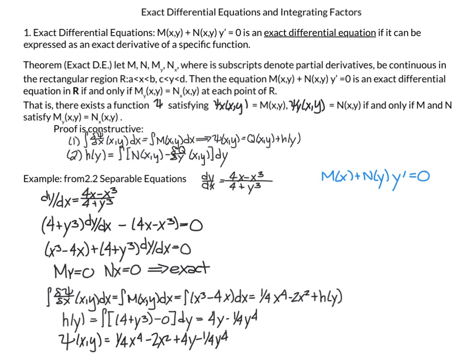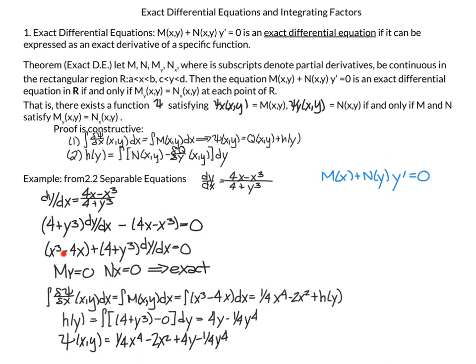But anyway, the example we had done from 2.2 separable equations was dy/dx is equal to (4x minus x cubed) over (4 plus y cubed), which I rewrote here. So looking at this, I multiplied this side so that I have (4 plus y cubed) dy/dx minus, and I moved this over, (4x minus x cubed) equals 0, so that I have this Mxy plus Nxy times y prime equals 0 form.